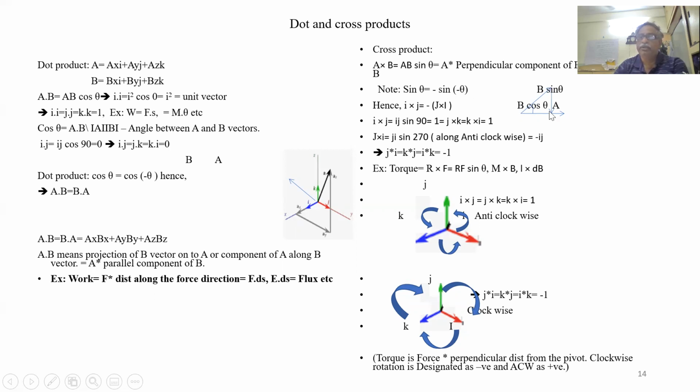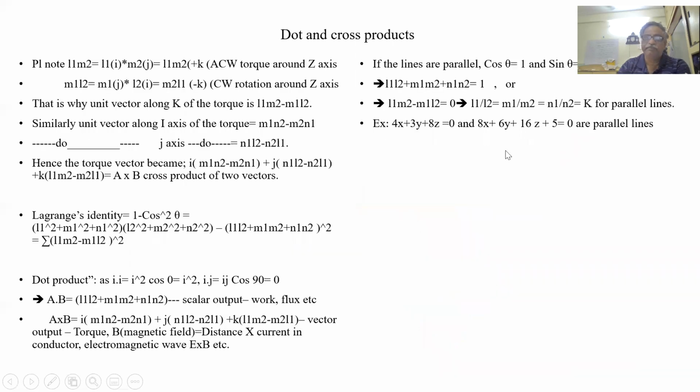Along the axis there is no torque acting. It is only pulling. Only perpendicularly will it try to rotate. So sin theta is for perpendicular rotation, cos theta is for parallel pulling or pushing. And in rotation, it can be clockwise, which is negative, or anti-clockwise.